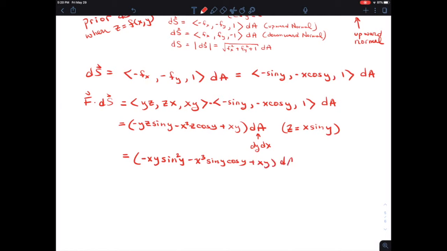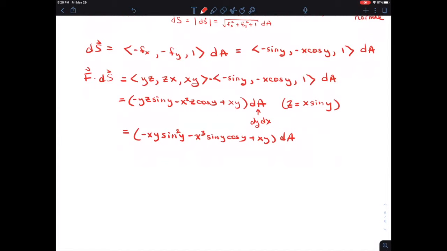I'm going to double check this to make sure it's not wrong. And then the flux, I just got this from the book: the total flux would be the double integral of F dot dS.